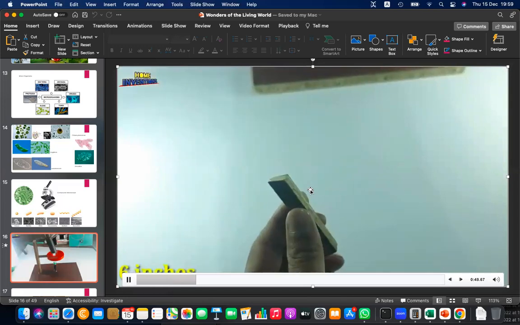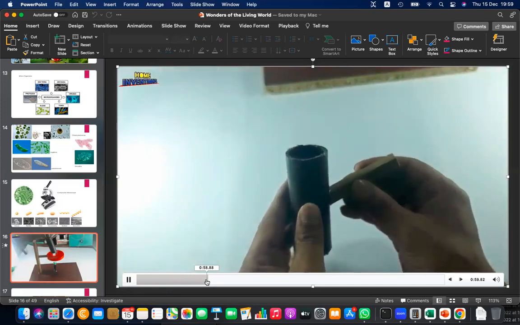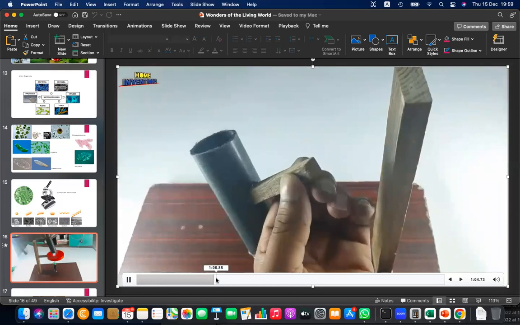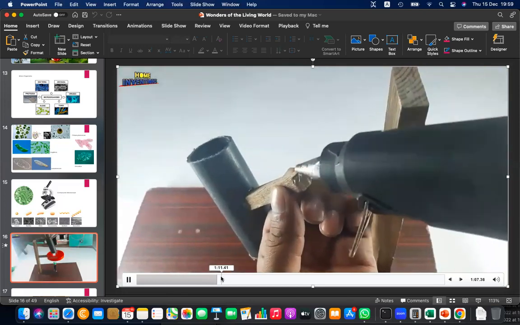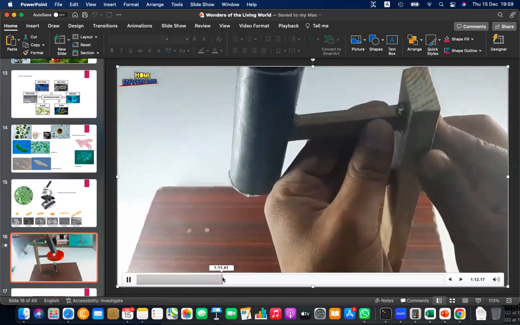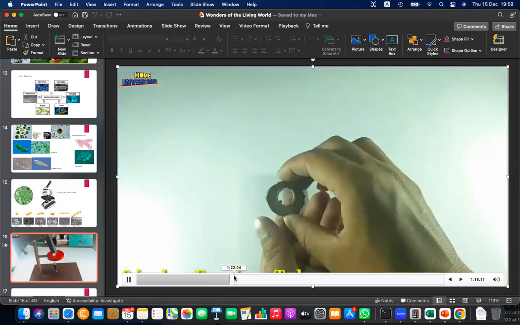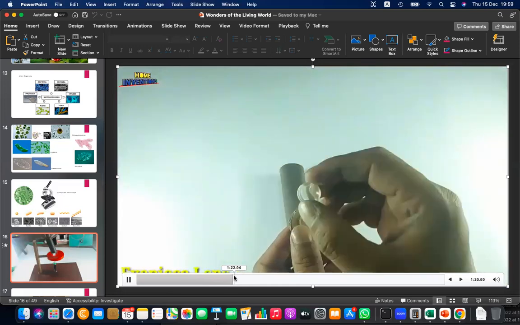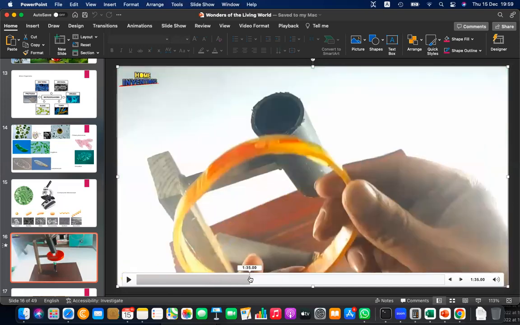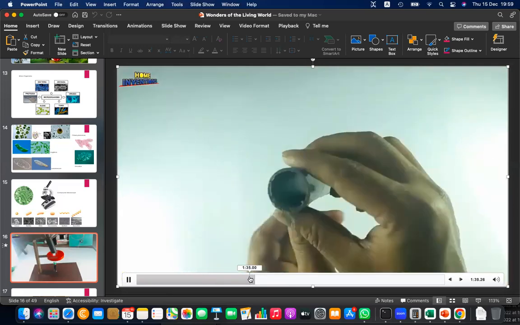How can we find the objective lens? Then this is just to support that. He's fixing that to the board. Then you need to take another pipe and a smaller lens. That is called the eyepiece lens. Right? That is the smaller lens. And you see the cardboard, he has fixed it.